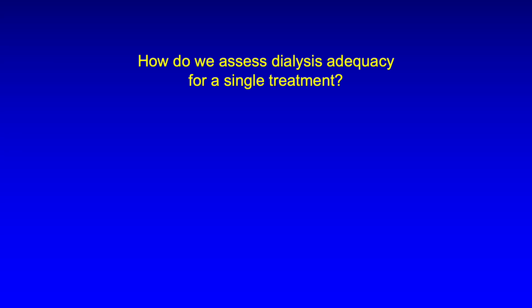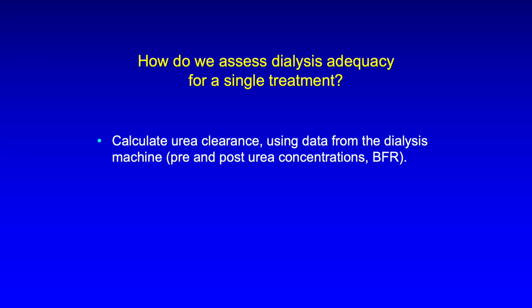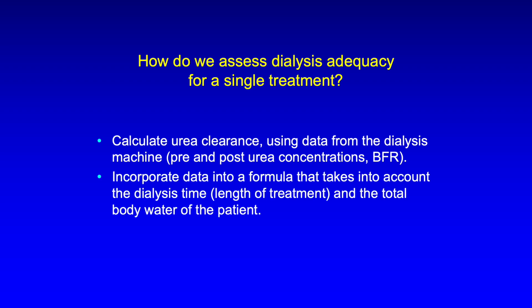All the calculations we're going to discuss are done by the computer in the dialysis machine. You don't have to do a thing except to look at the unitless number that comes out, which is called KT/V. The dialysis machine uses for its calculations things like urea clearance, which uses data from the dialysis machine pre and post blood urea concentrations, blood flow rate, characteristics of the dialyzer, and so on.